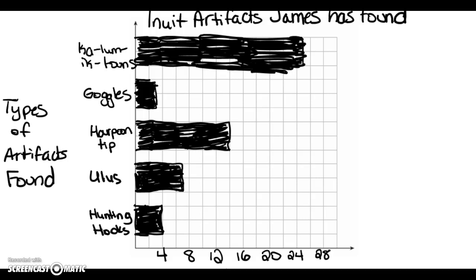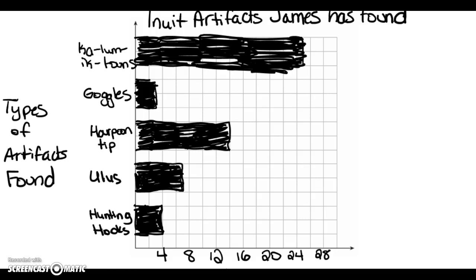What a beautiful graph I've made. Wow, I'm so impressed. All right, so once you've drawn that, you've labeled everything. You've labeled a title, you've given each of your axes a name, then you've labeled each of your spacing, you've drawn your bars, then you're all done.